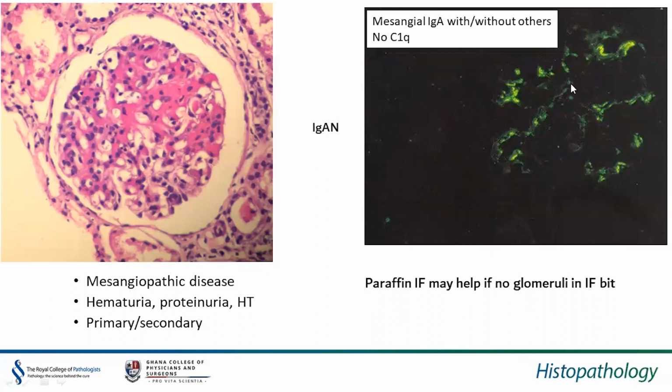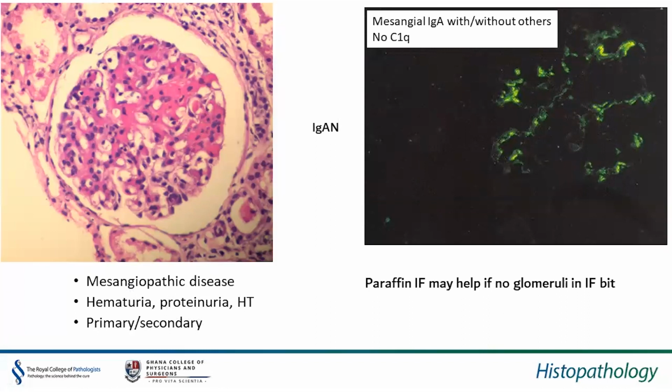And on immunofluorescence, you find that there is staining, which is at least 2+ to 3+ for IgA. And apart from IgA staining, you may also see co-staining with C3 and IgG, sometimes with IgM.